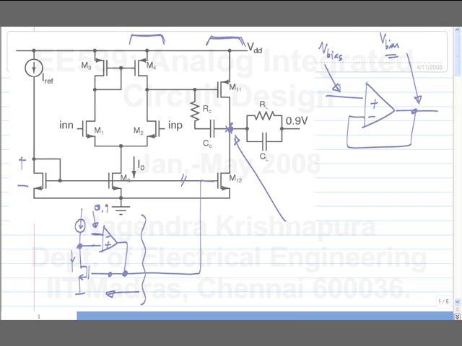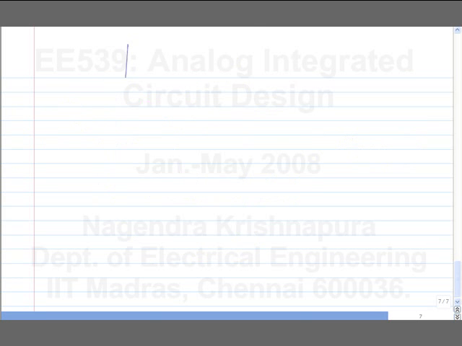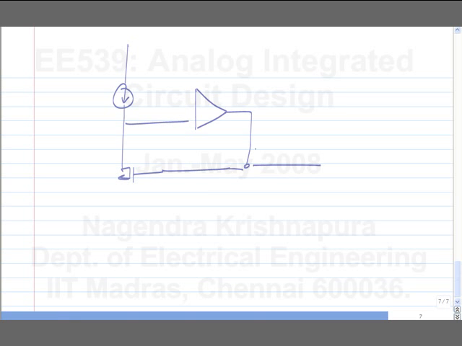Now, the second aspect is random offset. If you have random offset in the op-amp, we can just analyze this at the op-amp level. This is 0.9 volts. And let's say the op-amp is modeled with an input referred offset.